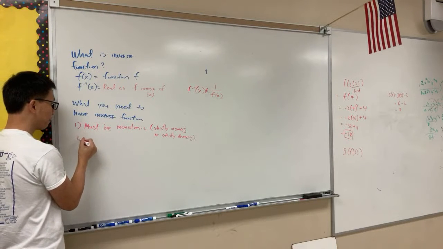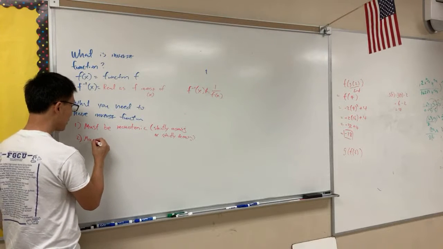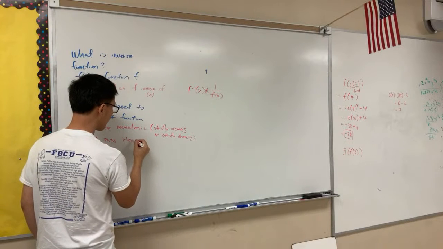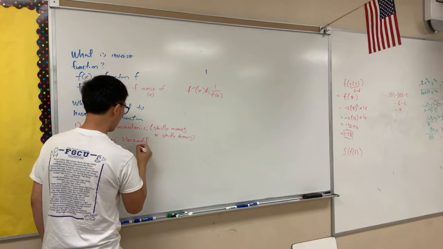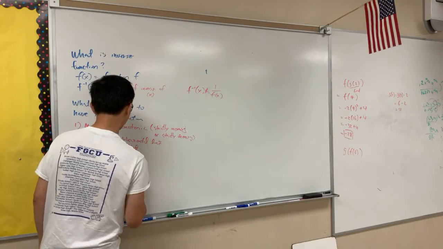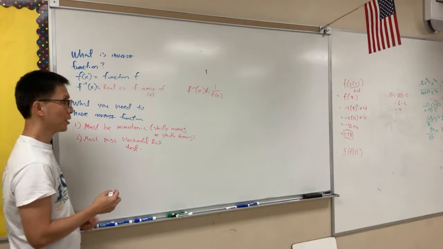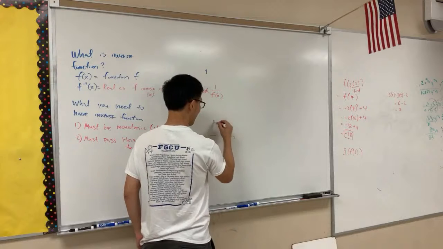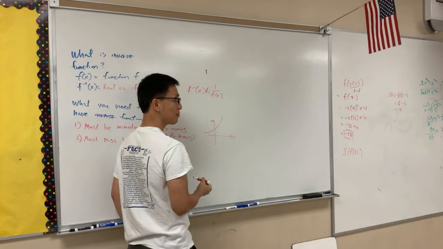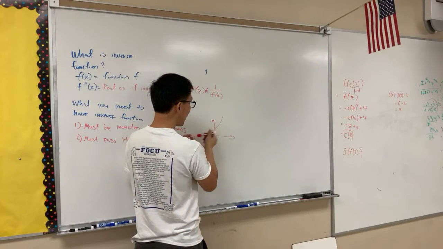Second condition is very like the first one. It must pass the horizontal line test. If I have a function going like this, strictly increasing, is that going to pass the horizontal line test?